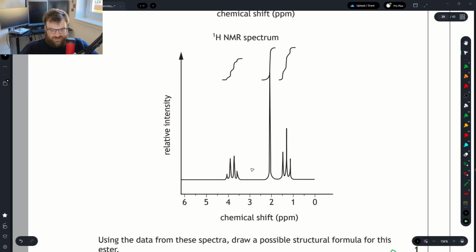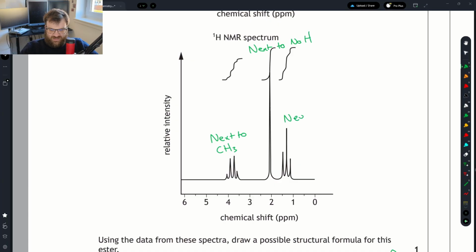Now, what have they told us here? There are only 3 different hydrogen environments. Here you've got a quartet, which means it's going to be next to a CH3. Here you've got a singlet, which means it's next to no hydrogen.